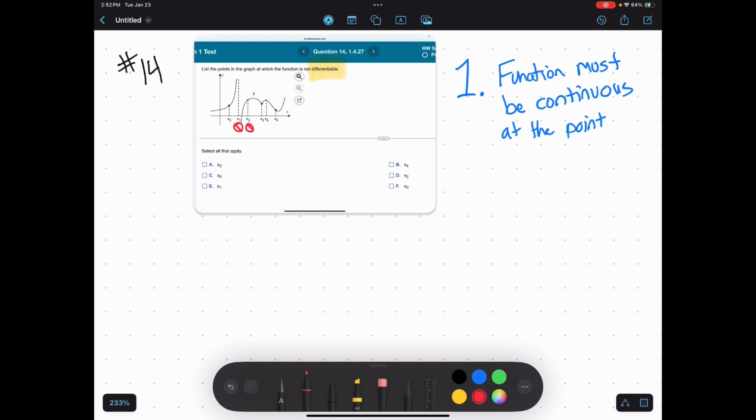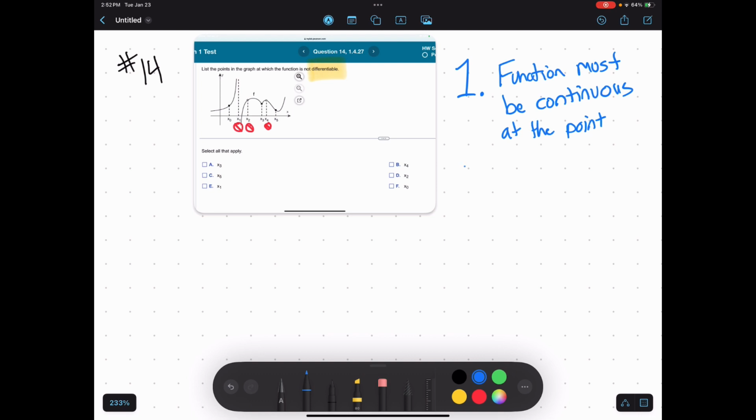And even though that function still seems pretty smooth, because I don't have a function value at that point, I can't find the derivative. So x2 is also not differentiable. Where else do I have a discontinuity? At x4. At x4, I have another hole, which means I can't take the derivative at x4. It's not differentiable.